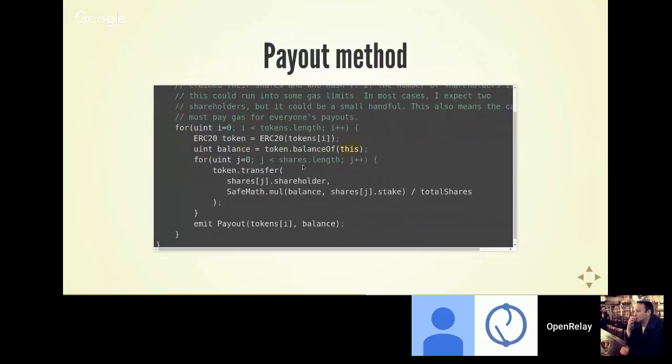And then for each shareholder, we are going to iterate over the shareholders and transfer that token from ourselves, that's implied by calling the transfer function, to that shareholder. And the amount we are going to transfer is our current balance multiplied by that shareholder's stake divided by the total number of shares.